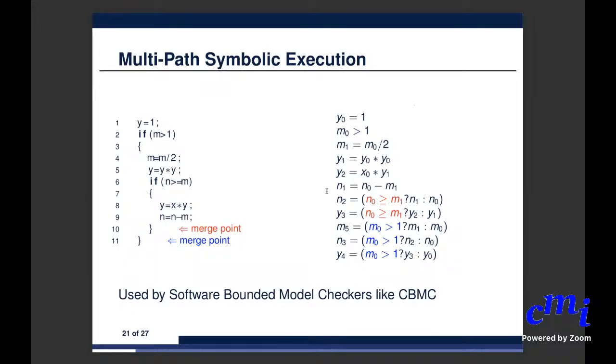Instead, it keeps track of the branching conditions. So you start with y0 equal to 1. Say m0 is the initial value of m. Now, suppose the condition is m not greater than 1, then each of these is modeled by a time-stamped equation, representing these assignment statements.